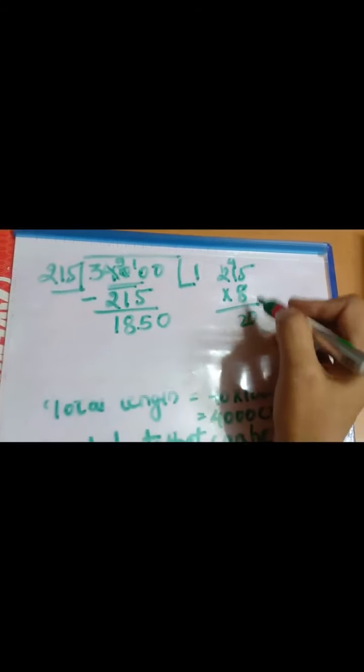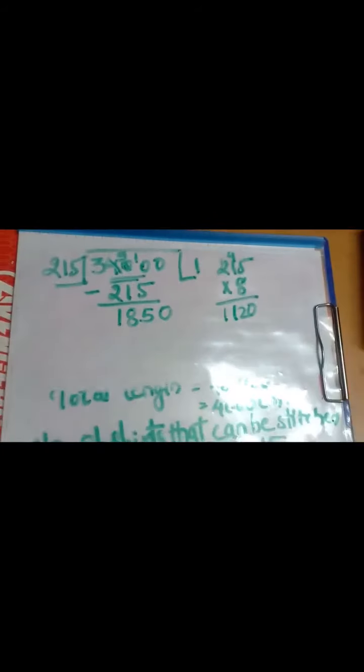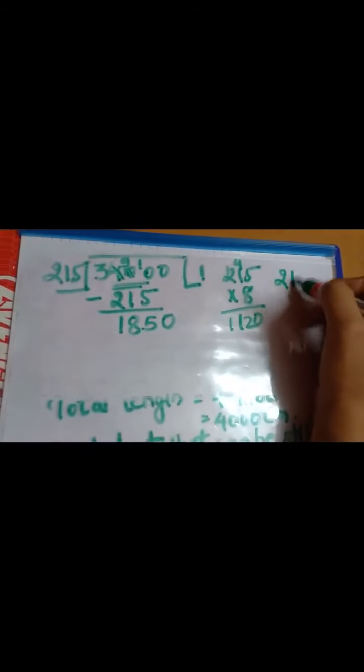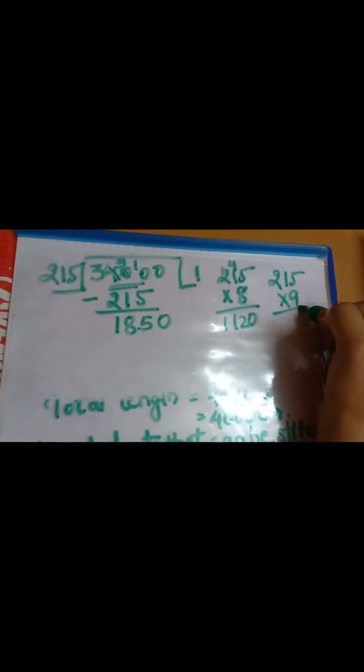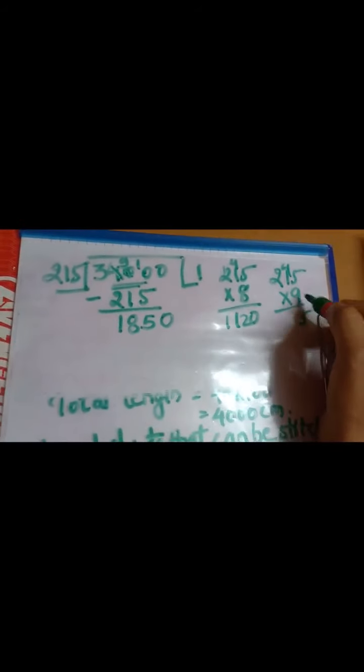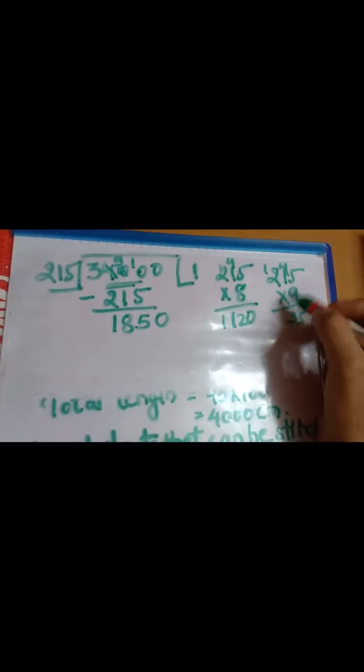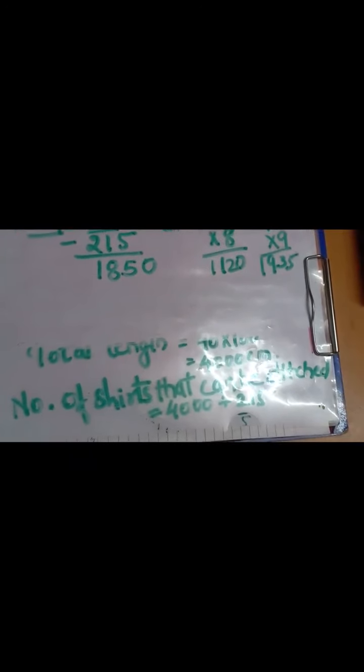Carry over 1 and 2, 8 2s are 16 and 1, 17. Okay, so now let us try with 9. 9 5s are 45, 9 1s are 9, and plus 4 will give you 30, 9 2s are 18 and 19. So here we need to take it by 8 only.